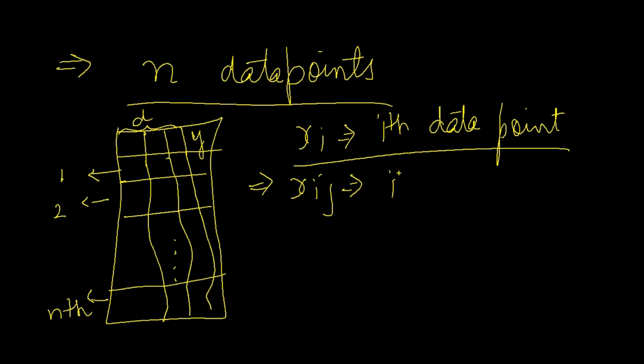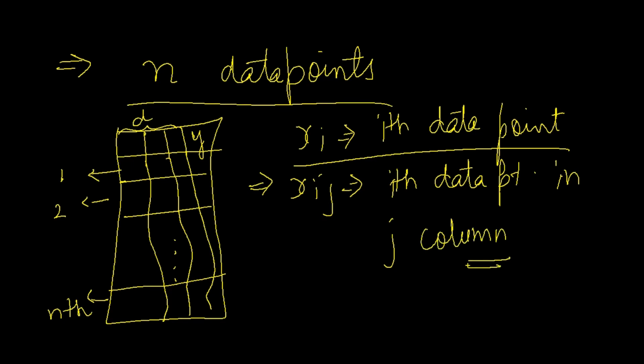This denotes the ith data point in the jth column. I'll show you in the figure. Now let's understand with the figure. This figure makes many things clear.